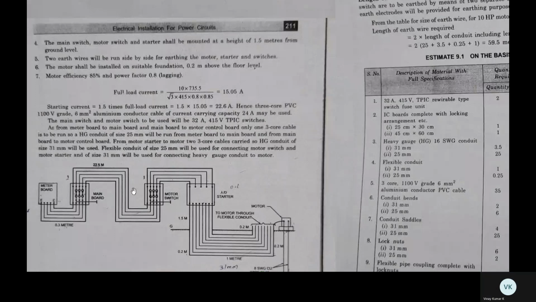See, from 1 meter to motor switch. We have to place one gang operated switch here, nearest to the motor switches. So this is a 3-phase motor. So for that purpose, take the 3 phases and 2 earth wires. 3 phases, 2 earth wires.